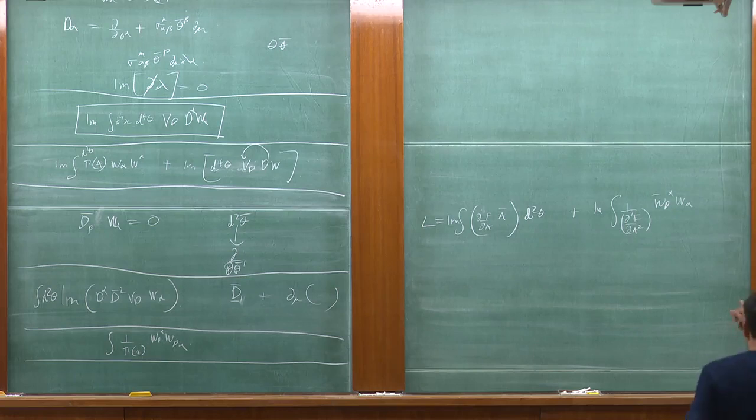So, I'm going to ask the following question. Can I find a new A variable in terms of which this takes the old form? There is a very simple answer.